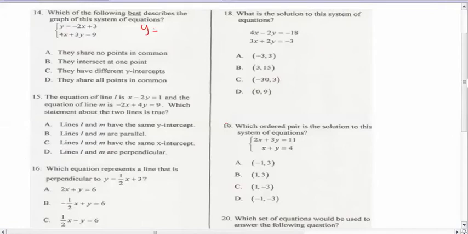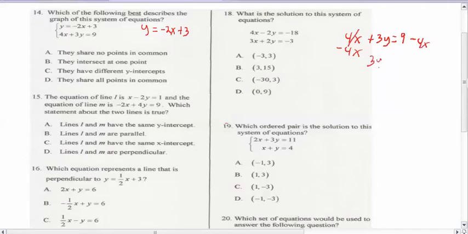So the first one I have is negative 2x plus 3. I need to put this one in slope-intercept form, so I'm going to work over here on the side. I have 4x plus 3y is equal to 9. Subtract 4x from both sides.